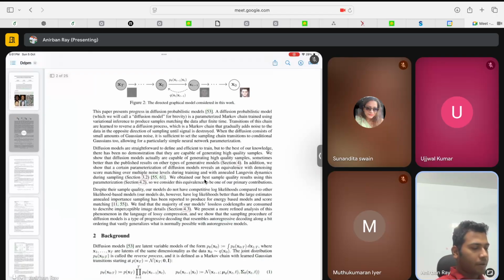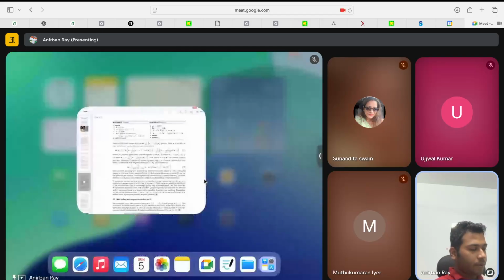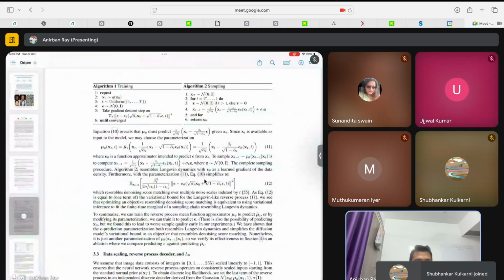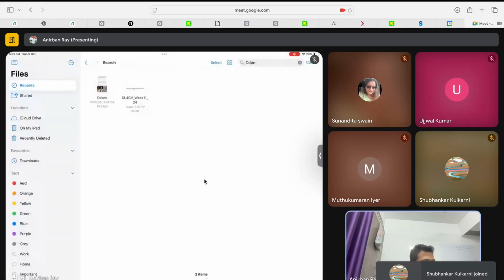This is the paper on diffusion, but we'll go by the review paper as I've shown previously, which is more intuitive. Then we'll get to this paper.